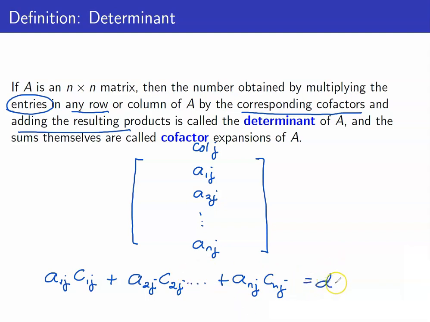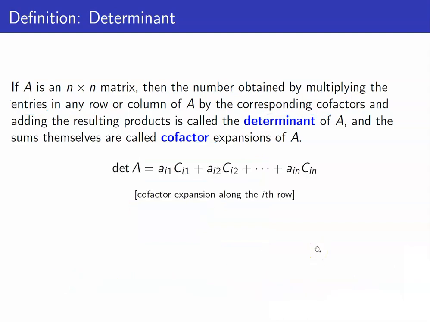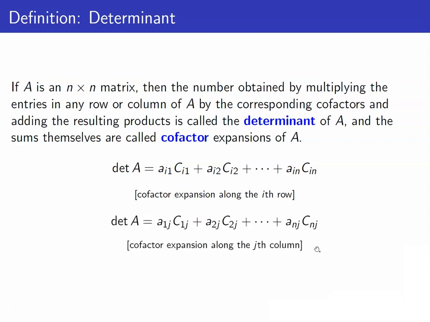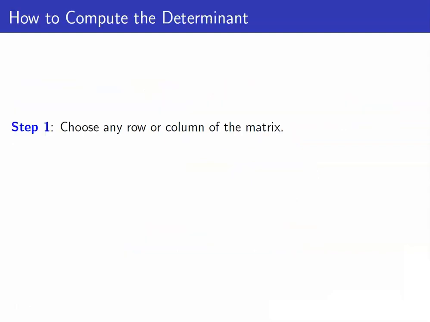This will also be equal to the determinant of A. Now take note that the determinant will not depend on the row or column. Whatever cofactor expansion you choose to get the determinant of A, you will still get the same number. To summarize, this is the determinant of A by the cofactor expansion along the ith row, and this is the cofactor expansion along the jth column.